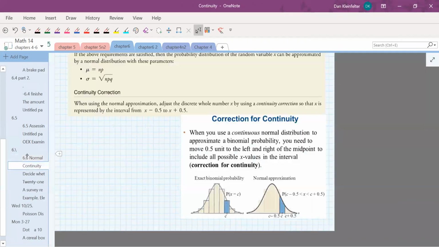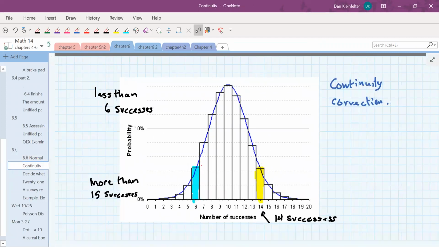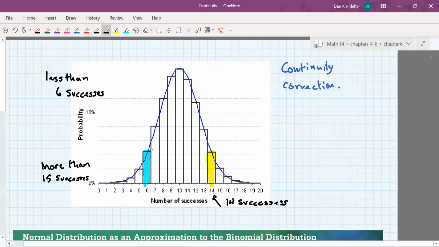So we need to look at that continuity correction I'd mentioned. Here we have a picture of the normal distribution superimposed over a binomial distribution. The normal distribution is a continuous distribution. The binomial distribution is discrete. So taking a look at, for example, if we wanted to know the probability of getting fewer than 6 successes, we're looking in the upper left here, less than 6 would be 5 or fewer.